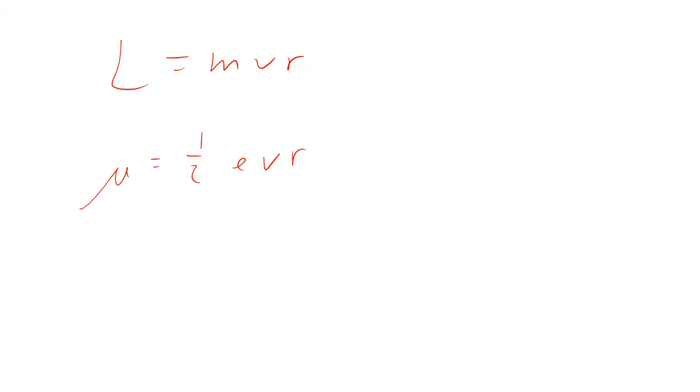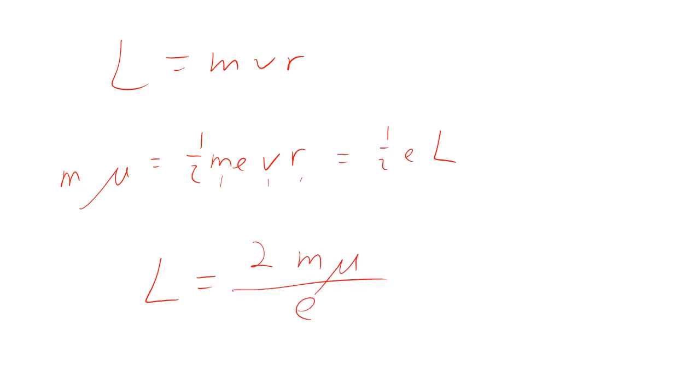If we multiply both sides of the equation by m, then m v r is L, so that means mu m is 1/2 e L. So L is going to be equal to 2m mu over e.